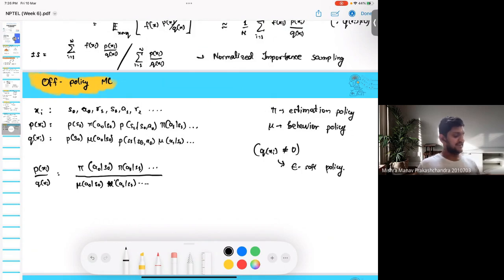But it turns out if I take the ratio of P of xi to Q of xi, and that's what we want to do in importance sampling, then all the transition probabilities get cancelled, right? So all I'm left with is basically a bunch of policies mapping me from state S0 to A0, S1 to A1, and so on, according to the policy that we have.